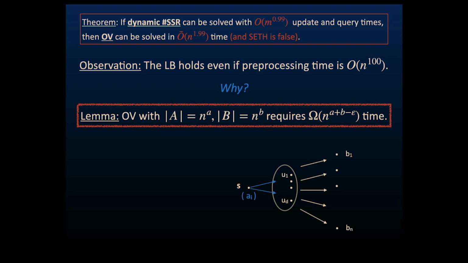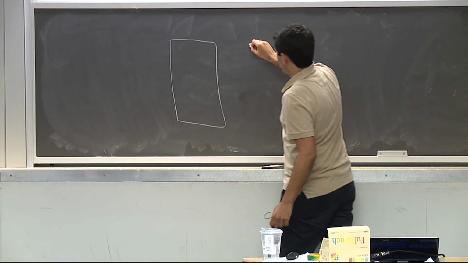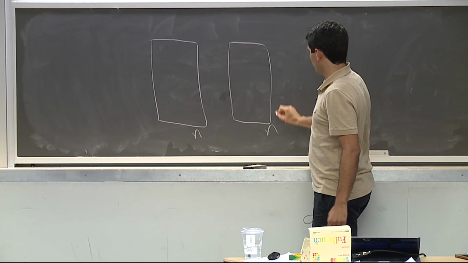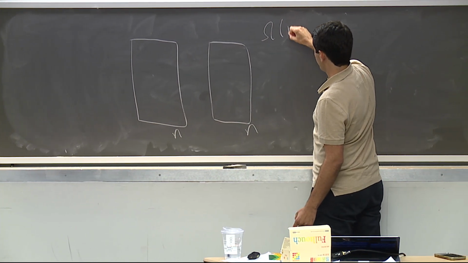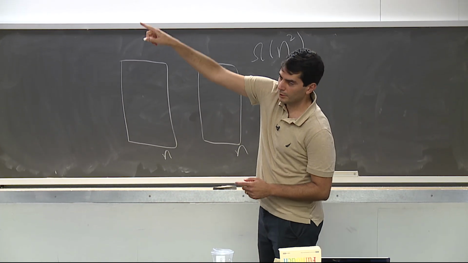Yeah, exactly. If you have n and n, this is the standard thing. Here you need n squared, and I want you to get that kind of lower bound.